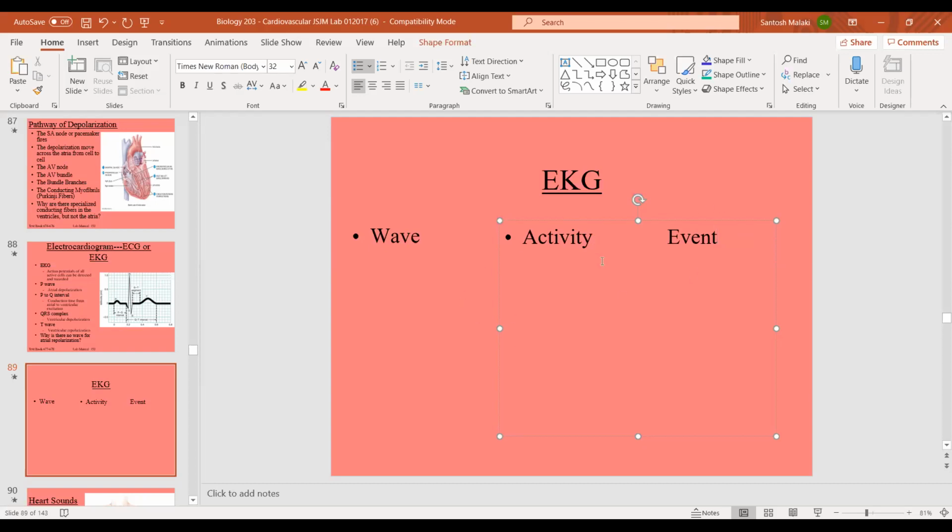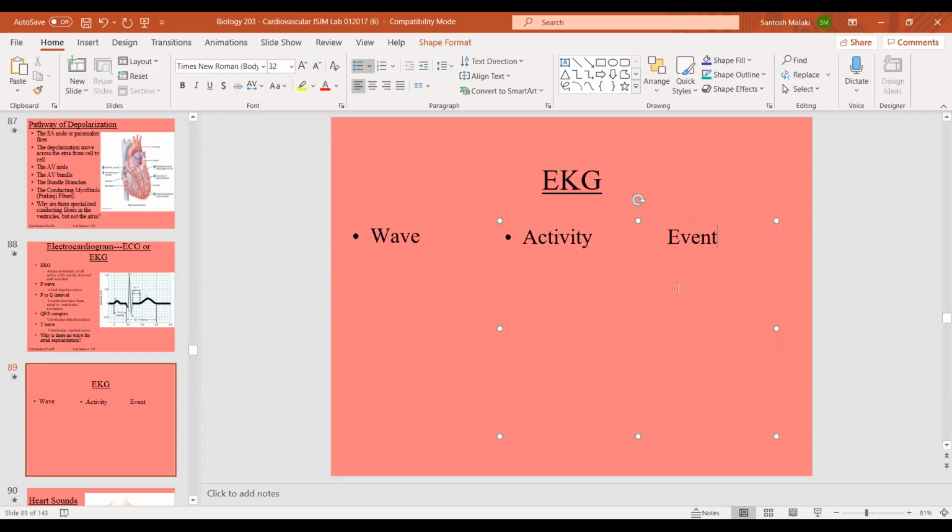When we use the word activity, we are recording it as an electrical activity, and there are only two things. An action potential that is fired and that's traveling through the muscles is known as depolarization. Typically, the activity of depolarization is followed by repolarization.